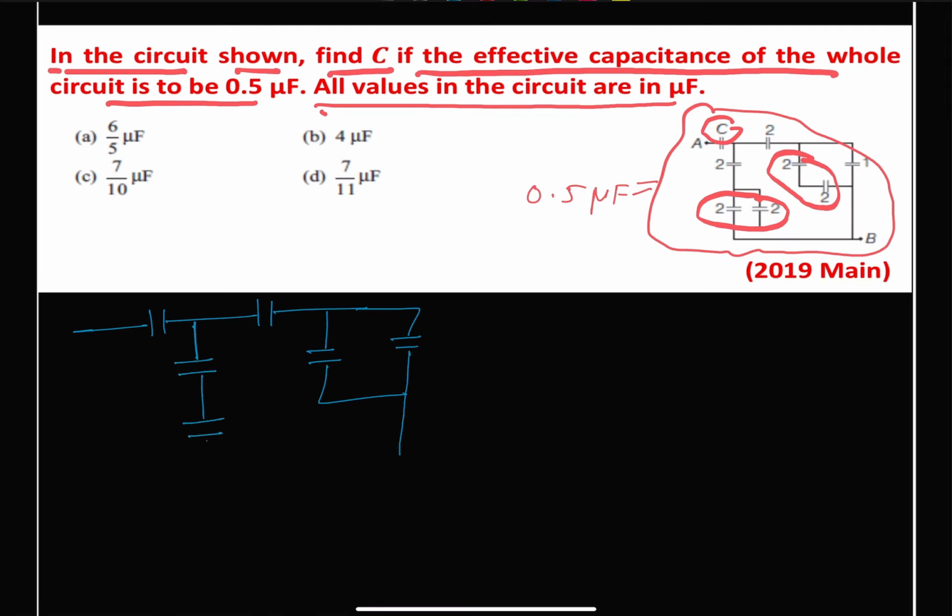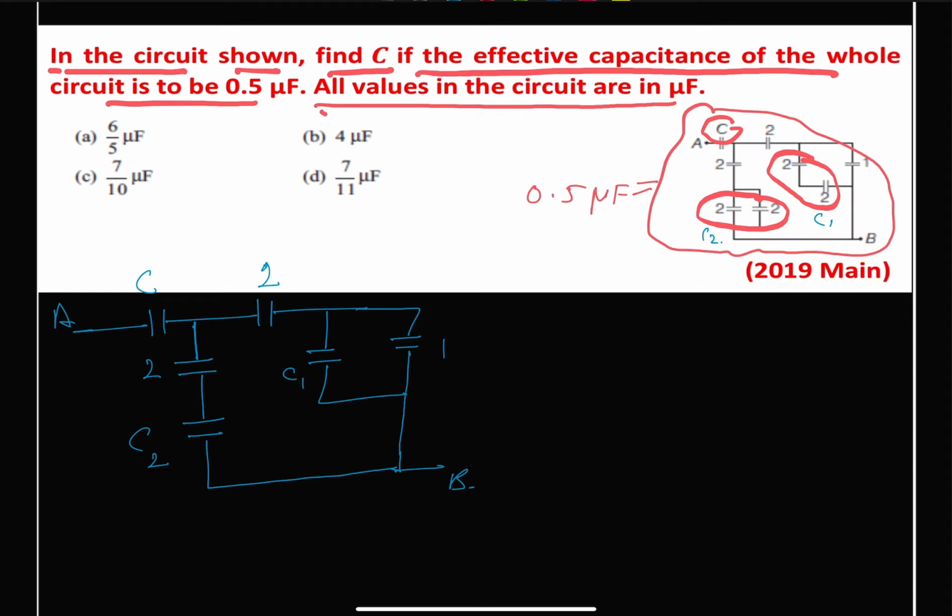This will be our point A, and this is our point B. Let us call this C1 and this combination C2.